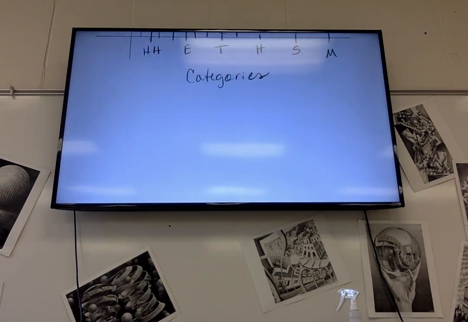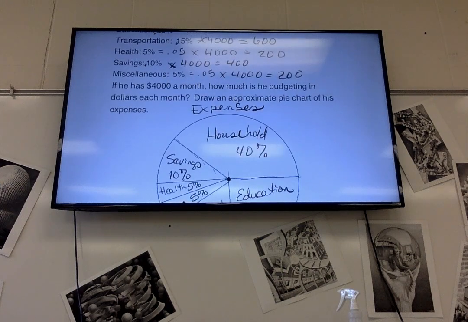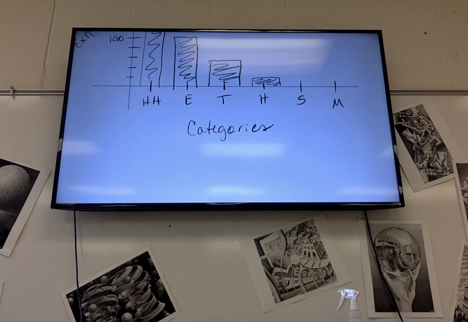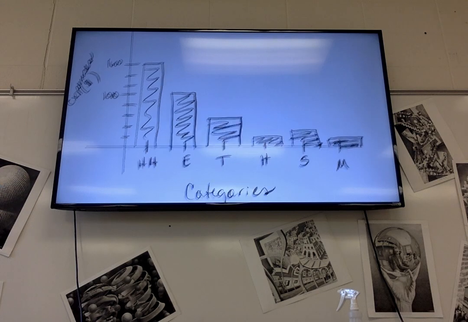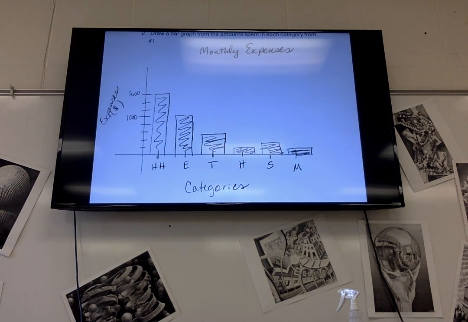Health is 200. Savings is 400. And miscellaneous was also 200. So it looks something like that. And it should have a title on it.